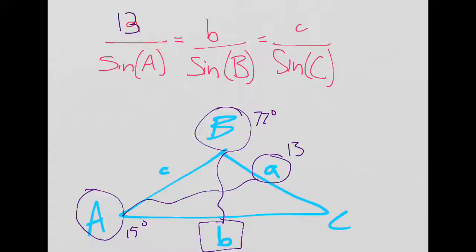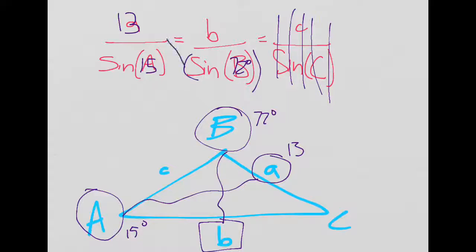I would put angle A underneath it inside of the sine function as the sine of 15, and then I would put that angle inside of the sine of B, 72 degrees. And we can ignore that for now. That's just showing us that this relationship holds true for each set of opposites. But I would want to get B by itself to know what it is, so all I would have to do is multiply it by the sine of 72. And then I have B by itself.